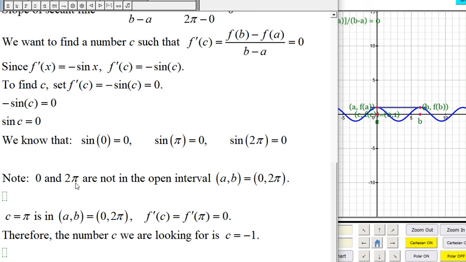But 0 and 2 pi are not in the open interval from 0 to 2 pi, and therefore c must be pi. And pi is right here. And the tangent line corresponding to pi is horizontal.